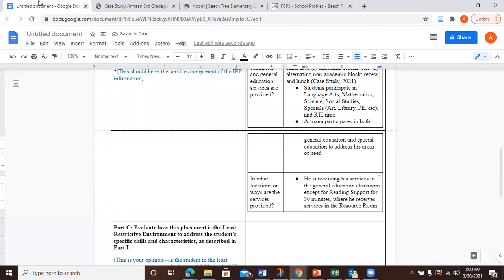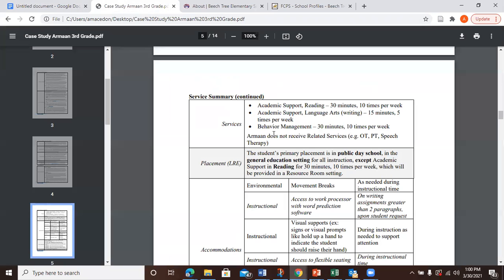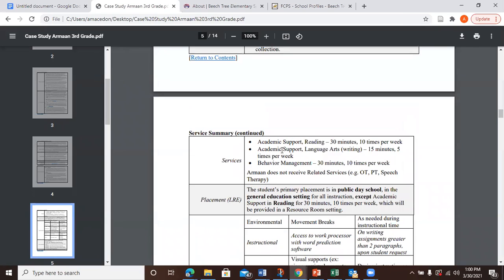Okay. You can also specify if he's in a program, for example.